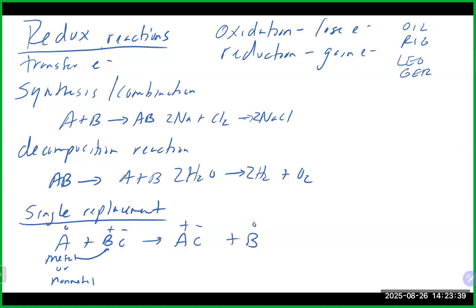No charge on any of those. By the way, if it's a non-metal, it'll actually kick out the negative guy and make a new ionic compound. And C would come out with no charge if it was a non-metal. By the way, in order for that reaction to take place, whatever is coming in needs to be more reactive than what is being replaced, right? If it's less reactive, that reaction will not take place.